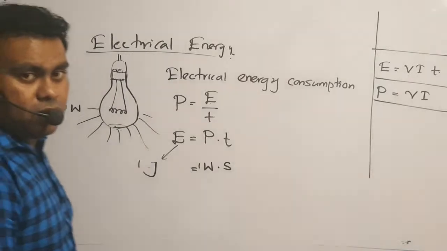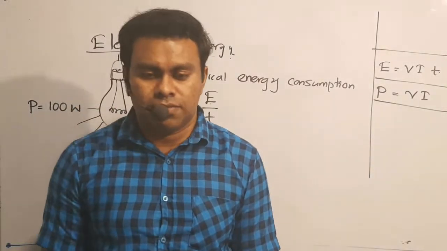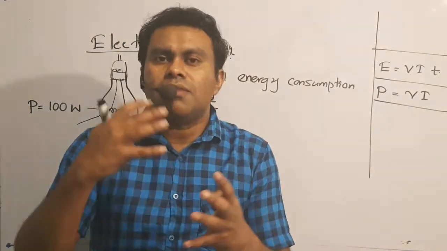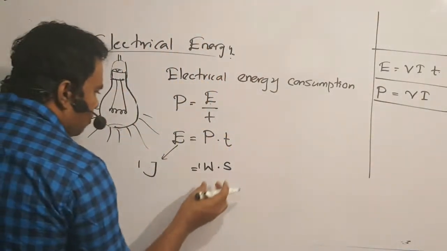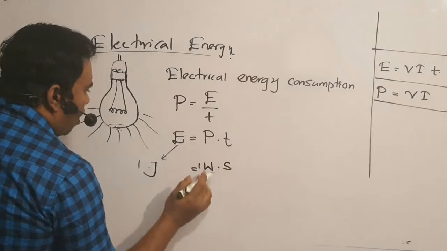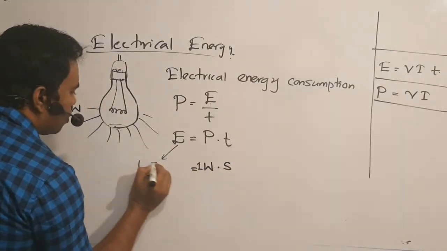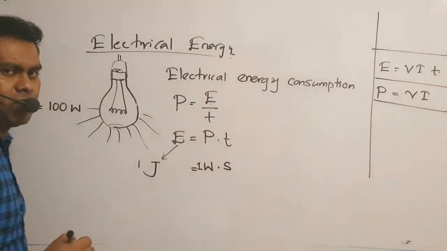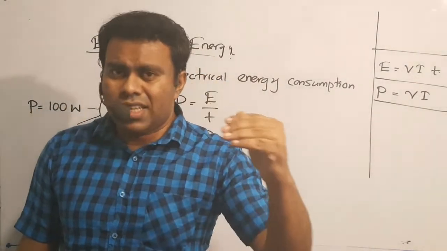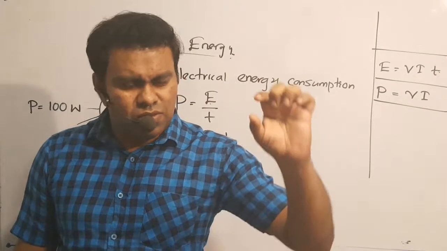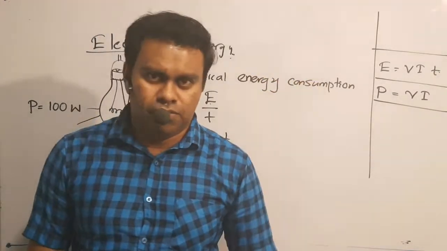Therefore electrical energy is measured with the unit watt second. 1 watt second equals 1 joule. So that's the usual thing. But this joule or watt second unit is a very little unit.